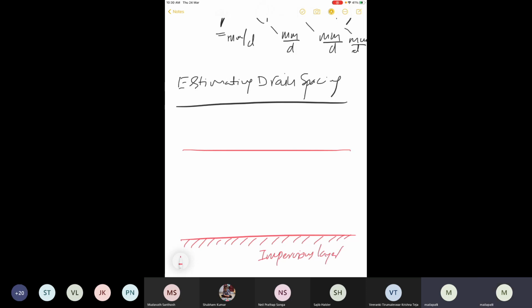And you have the crop here, let's say. So this is the crop, and this is the root zone. These terminologies should be understood very well.